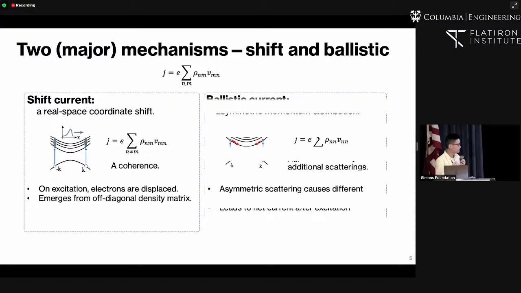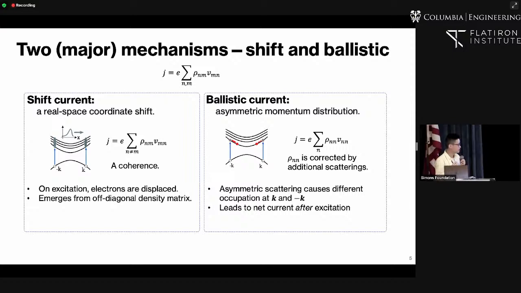And the other mechanism is called ballistic current. It comes from the diagonal part of the density operator. So it really has some very classical interpretation, because it's basically occupation times the velocity, which is really the expression of current in the Boltzmann transport equation. So in order to have this ballistic current, we will have to have some asymmetry in the momentum distribution.